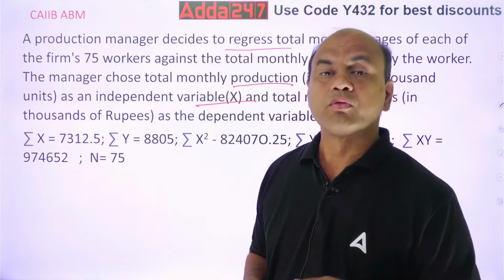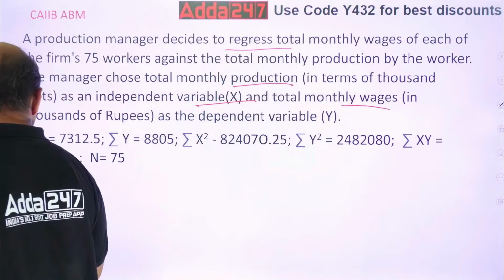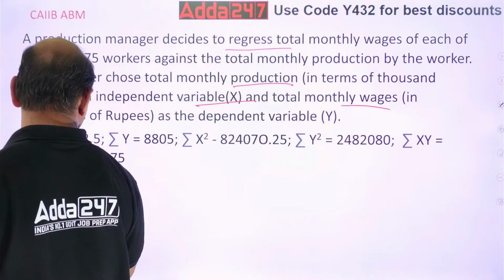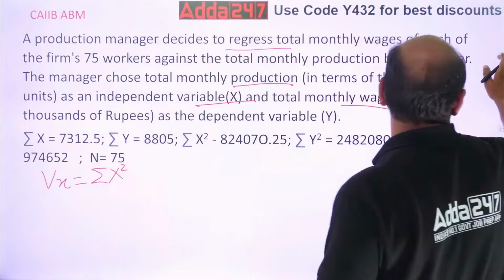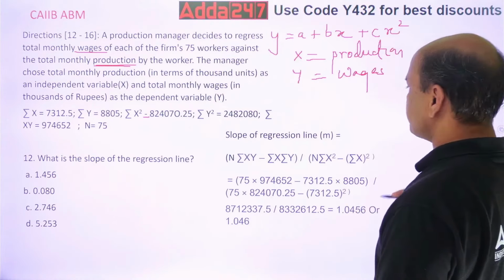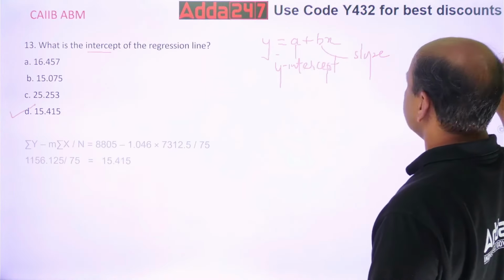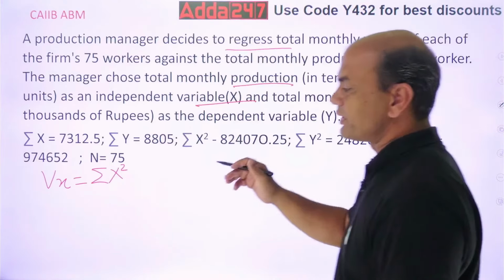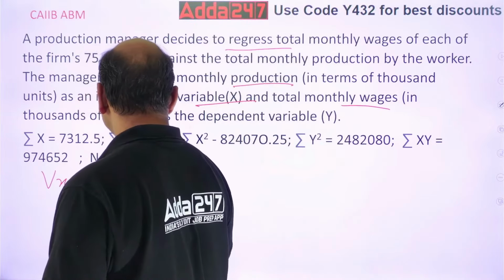Okay? Variance of X formula, kindly note, is Vx equals summation of x square upon n minus x bar square.